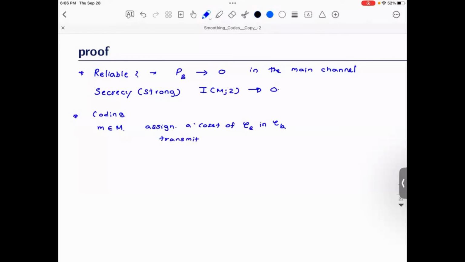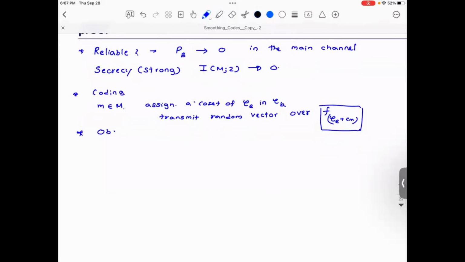Transmit a random vector over this distribution. For a given message M, the corresponding coset is CE plus CM. So the transmitted message is distributed according to this distribution.